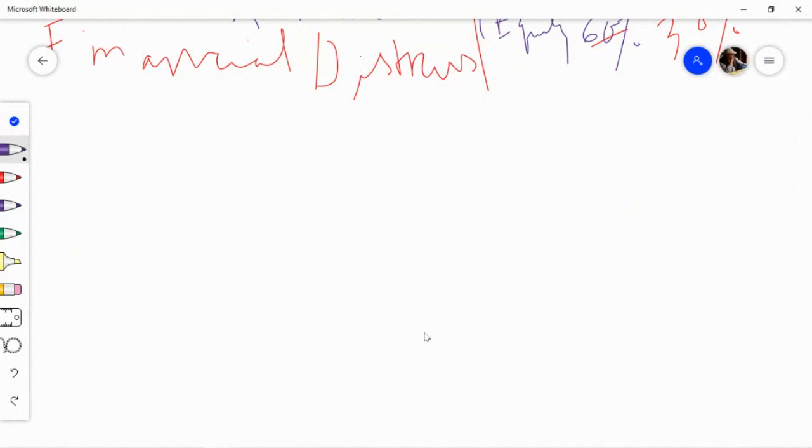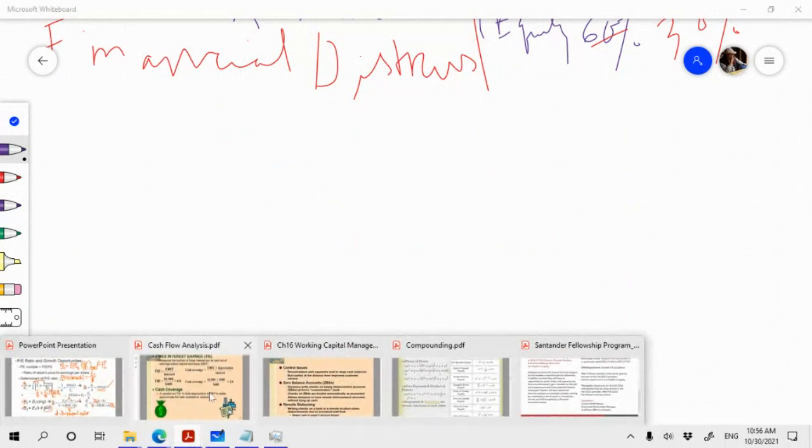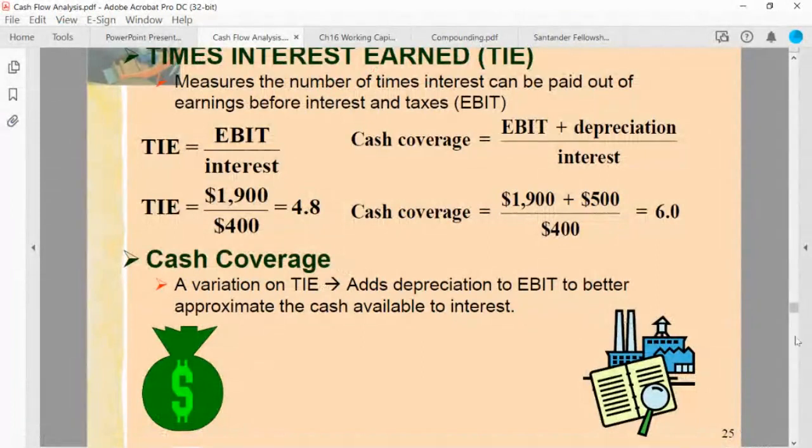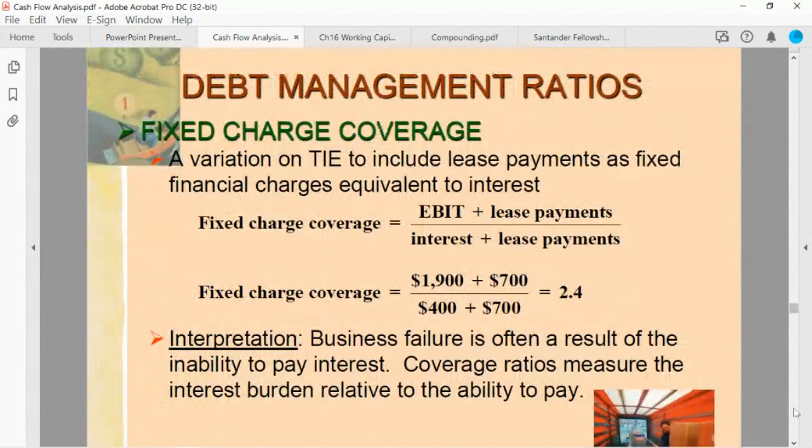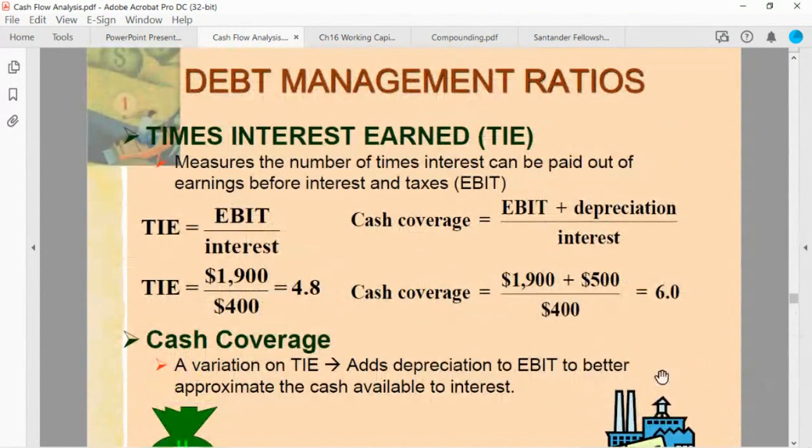let's talk about just one more ratio in the debt management category. There are actually the cash coverage ratio and the fixed charge coverage ratio, et cetera, right? But the two most representative are times interest earned and debt ratio.